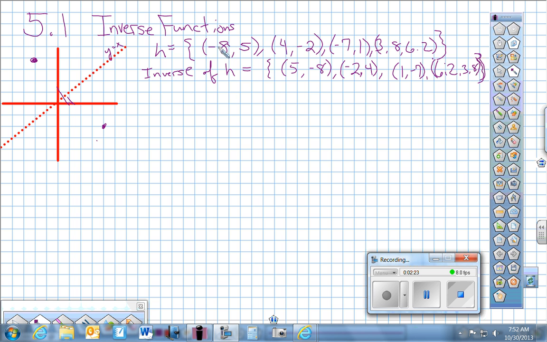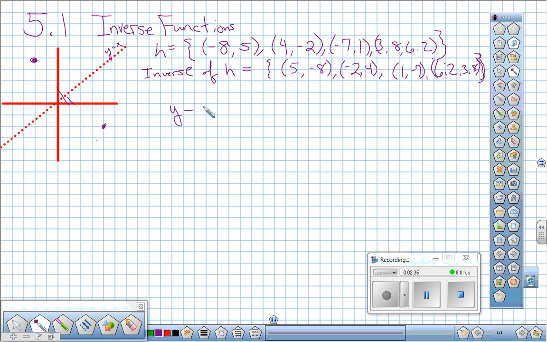And just like how we made our inverses of the points by switching the x's and y's, we can do the inverse of a function if we were given y equals x squared minus 5x. We're going to switch our x's and y's in order to find our inverse.